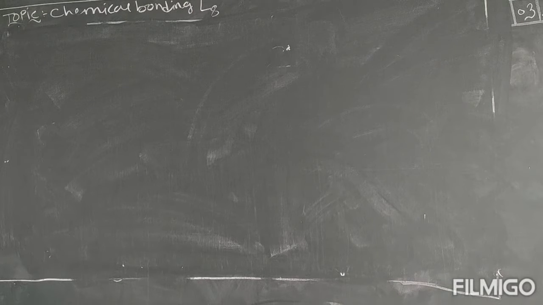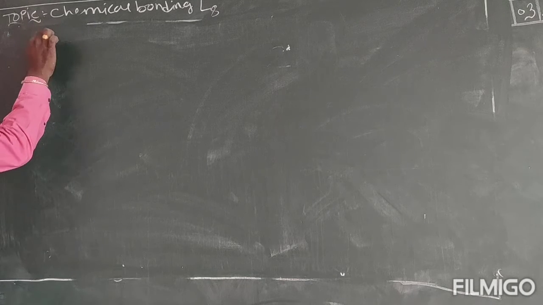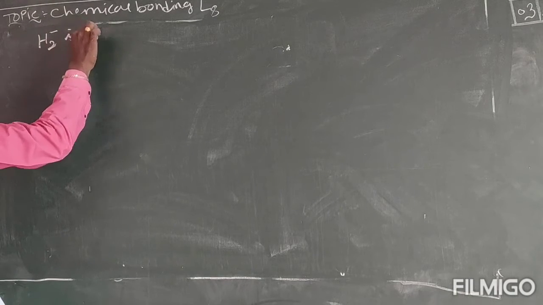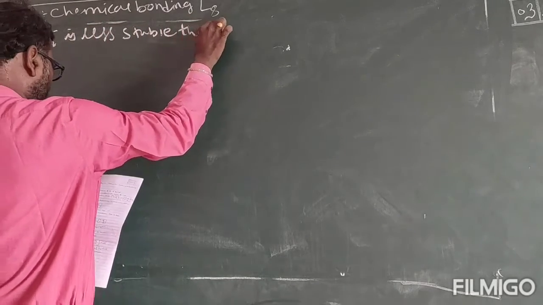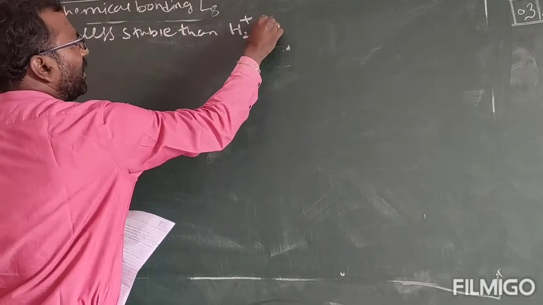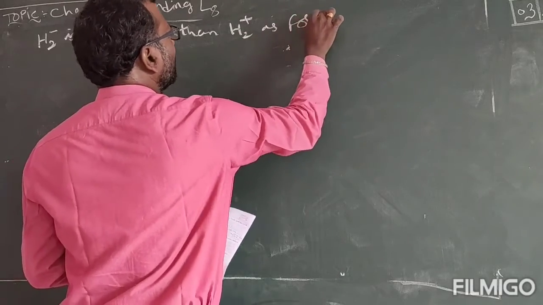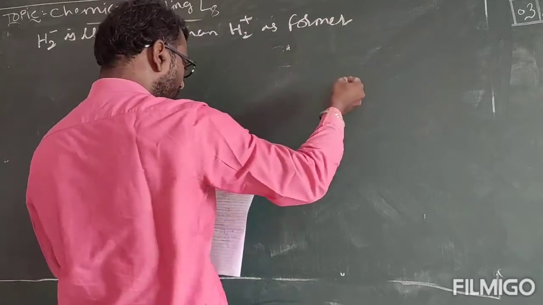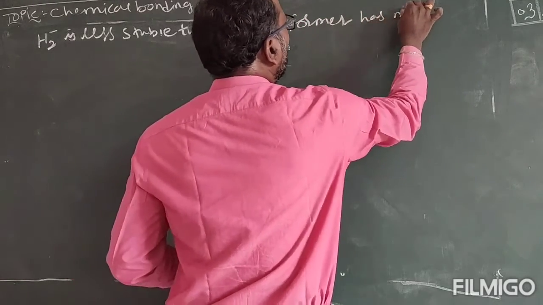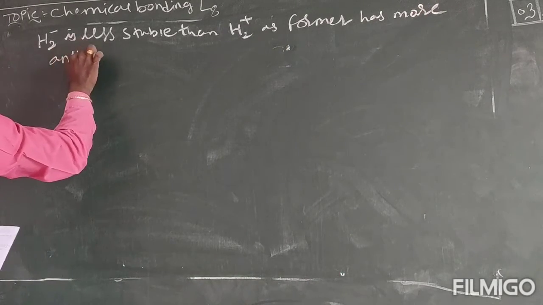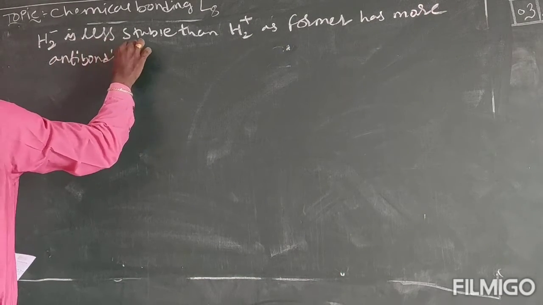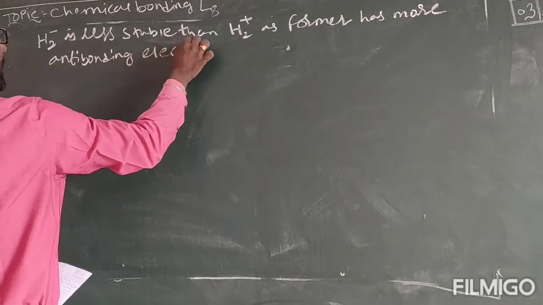So what I can conclude, H2 minus is less stable than H2 plus as the former has more anti-bonding electrons.